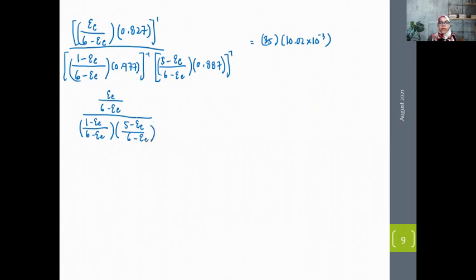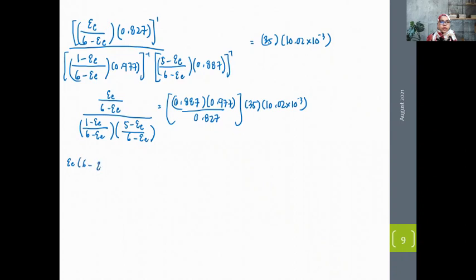So you replace all the values on the right side. We have 0.887 times 0.977 over 0.927, and then 35 to the power of minus 1 times K. From this we can expand the expression.